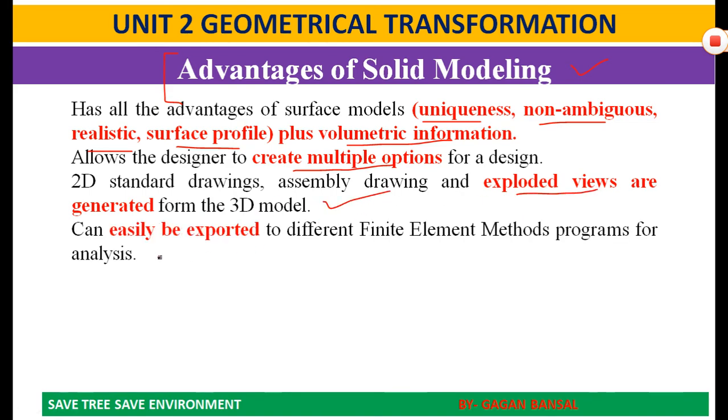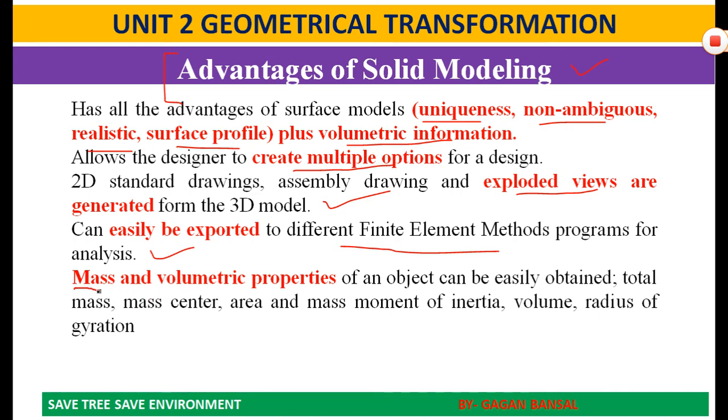This is very important, and the biggest advantage: solid models can easily be exported to different FEM programs for analysis. This we have seen while working on different software, that any solid model can be exported to different FEM programs.